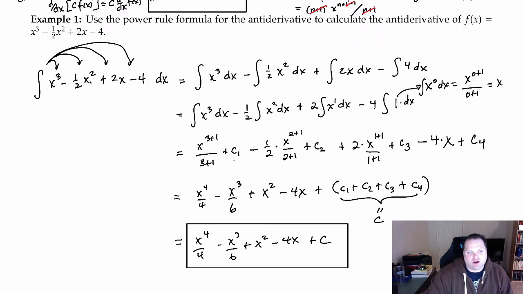Then you've got x squared, that would be x cubed over 3 times 2, x cubed over 6. We got that. Then you look at 2x, the x here would be x squared over 2, cancel the 2, leave x squared. Minus 4, if you're taking the integral of a constant, it's the constant times x. And then we have plus c, as we've done, collected all the anti-differentiation constants for the problem.